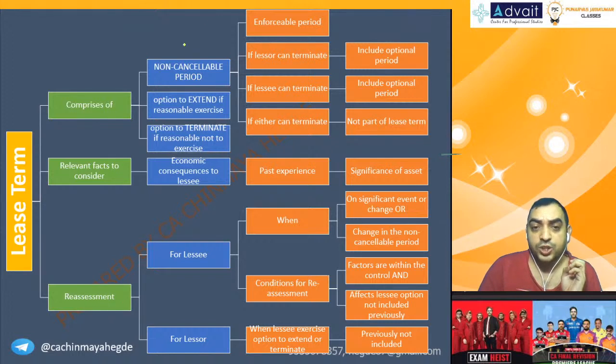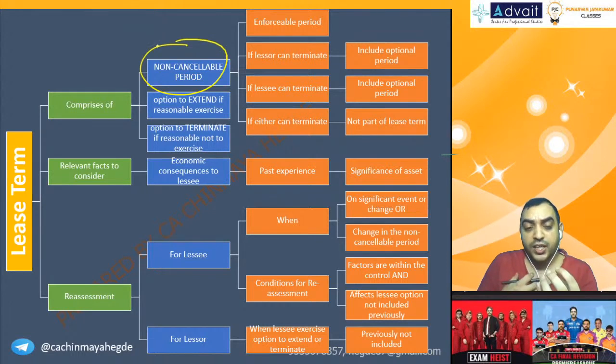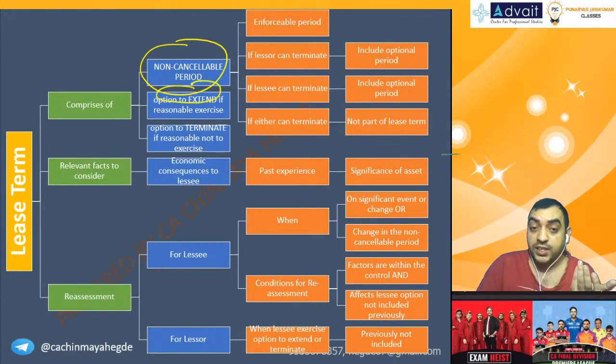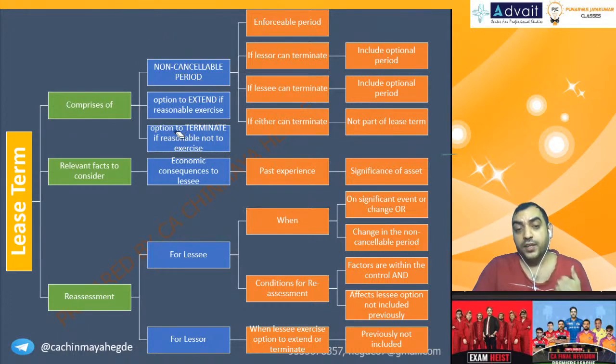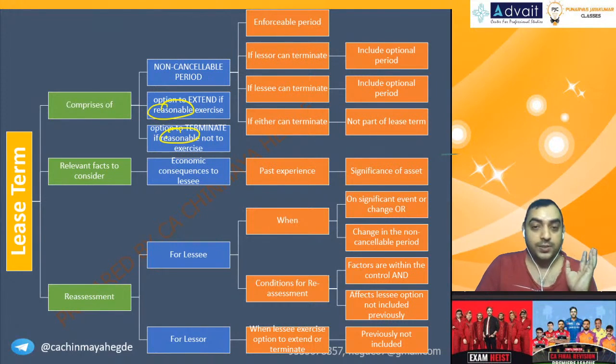Lease term is the non-cancelable period, where if two parties cannot cancel, enforceable on both parties, then that period is called the enforceable period, lease period. If the option to extend or the option to terminate is there, both are considered. You can take an extended period or a shorter period based on reasonable expectation.